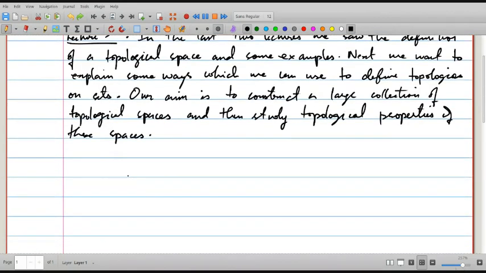So before we begin, let us define what are open sets.